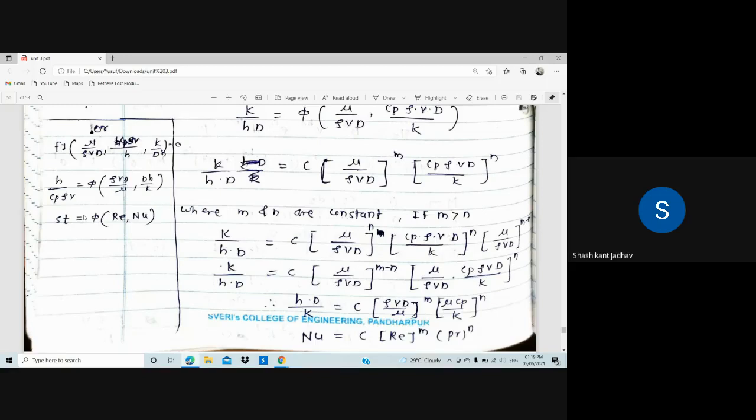Nusselt number is equal to constant into Reynolds number raised to m and Prandtl number raised to n.